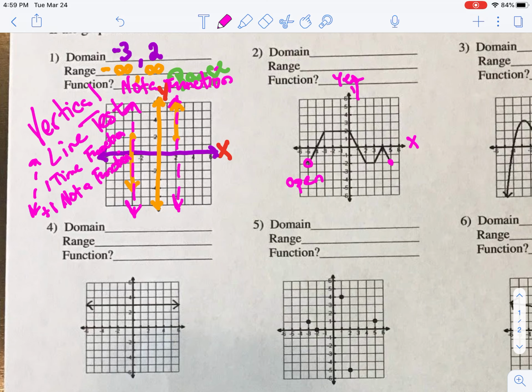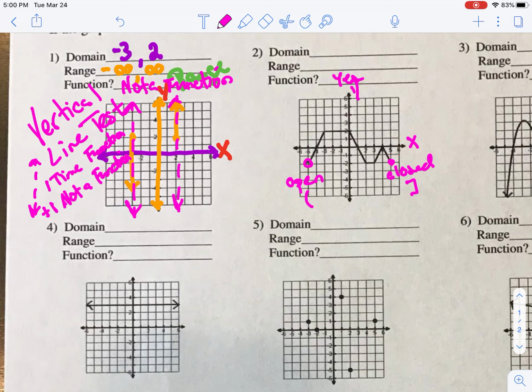This circle here is a closed circle, okay? When you're working with these different types of circles, it's called interval notation when we express our domain and our range. So whenever you have an open circle, you're going to signify that with parentheses. And whenever you have a closed circle, you're going to show that with brackets, okay?